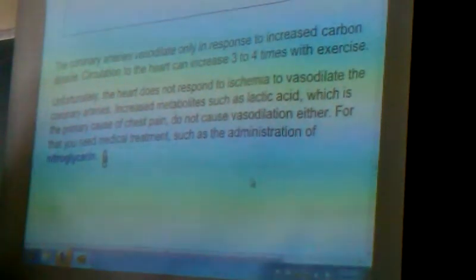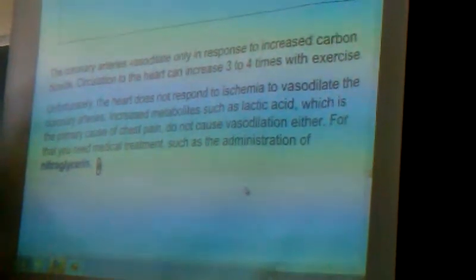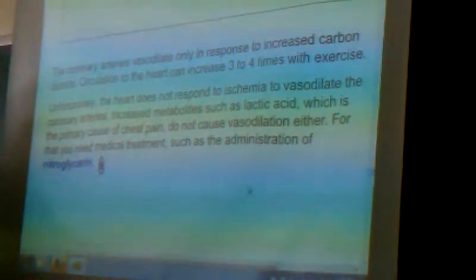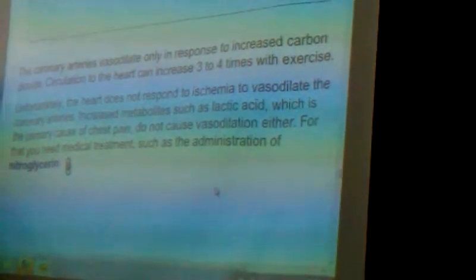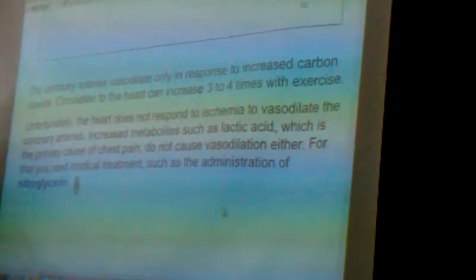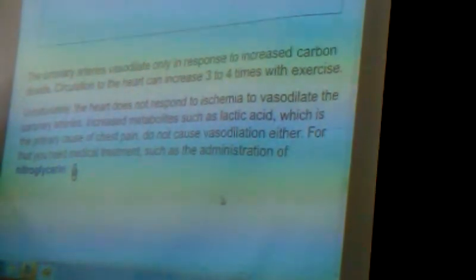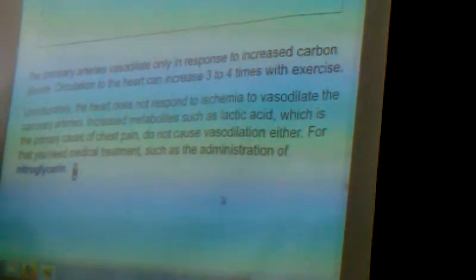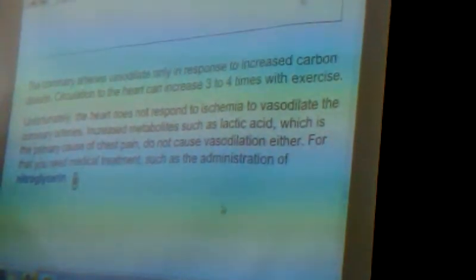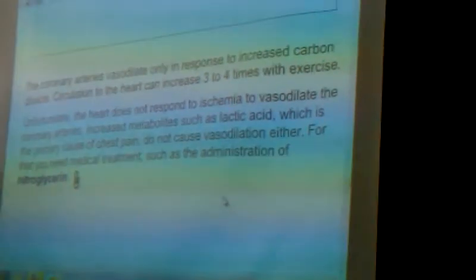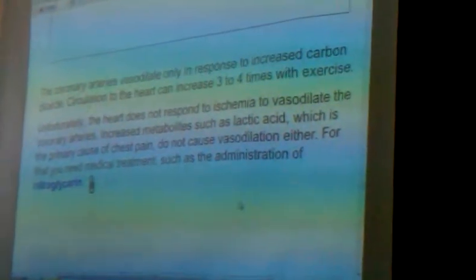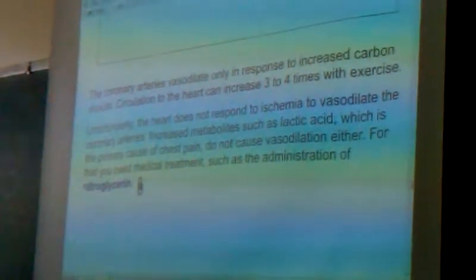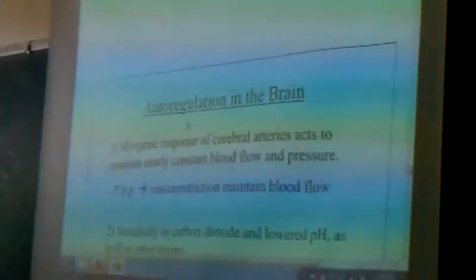So when you give somebody nitroglycerin and their blood vessels dilate and blood flow increases to the coronary, to the chest, to the heart muscle, to wash away those metabolites and bring in fresh oxygen, pain should go away. That's one way you could tell the difference between somebody who has just ischemia, angina pectoris, or if they're actually having a heart attack. Okay. So nitroglycerin will do that, dilate.